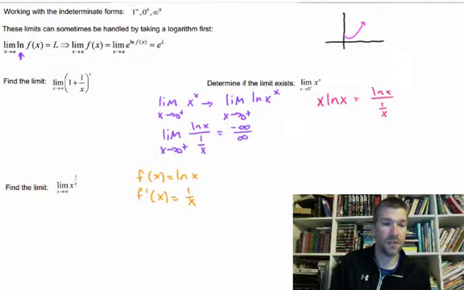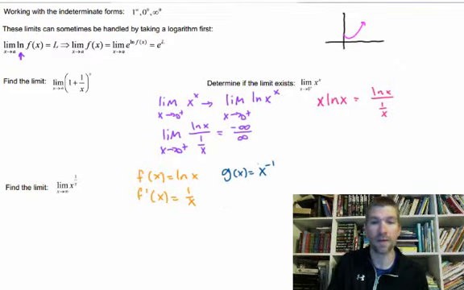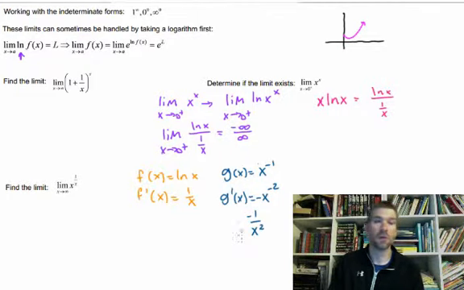If I let g of x equal x to the negative 1, which is the same thing as 1 over x, then g prime of x is negative x to the negative 2. Another way to look at this one also would be negative 1 over x squared.